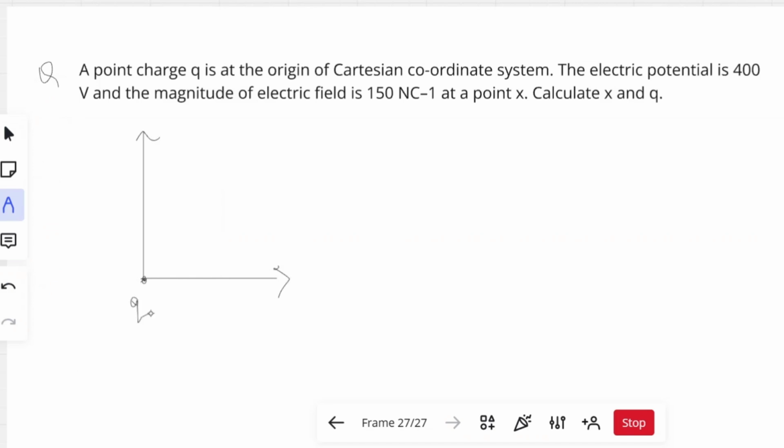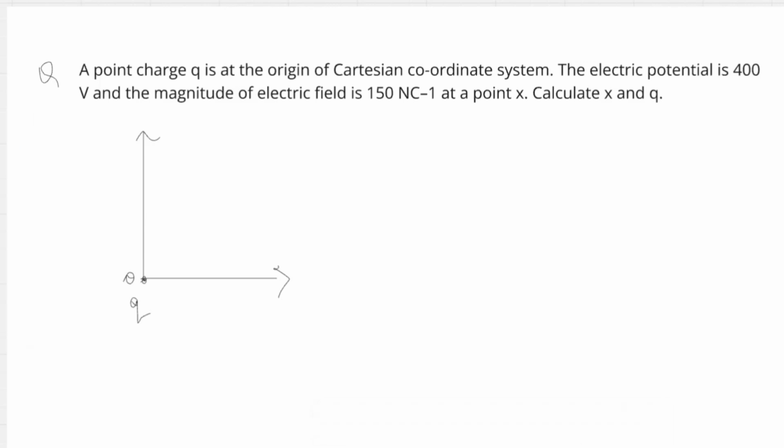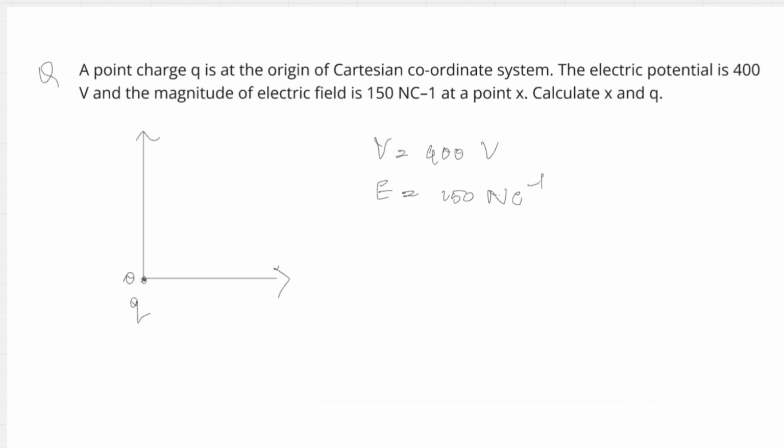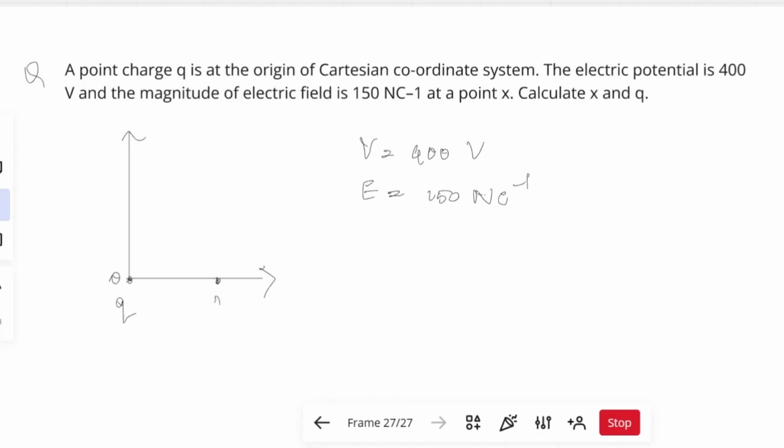We are told that the charge Q is at origin. The electric potential V is 400 volt and the electric field is 150 newton per coulomb at a point X. We need to find X, right?